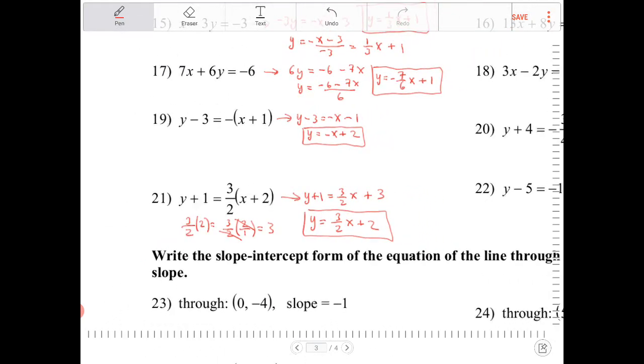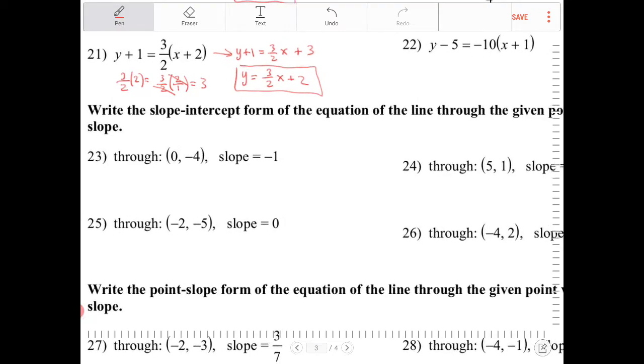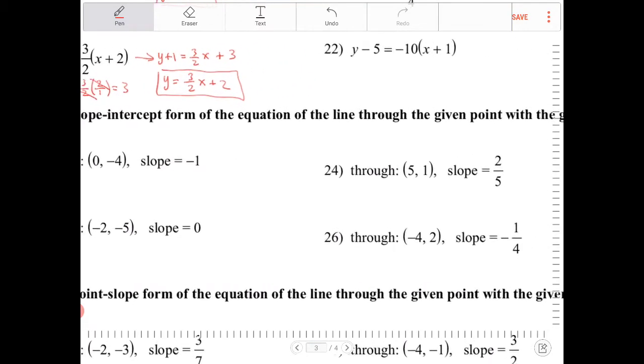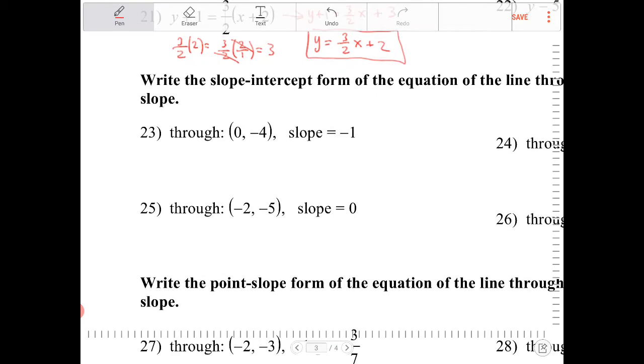All right, next. Our goal is to write the slope-intercept form of the equation of a line through the point with the given slope. Let's take a look at this one here. I have a slope of -1 and a point of (0, -4). I know that y is equal to mx plus b. By substituting in the things I know, m is equal to -1.